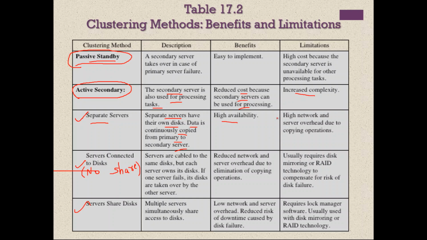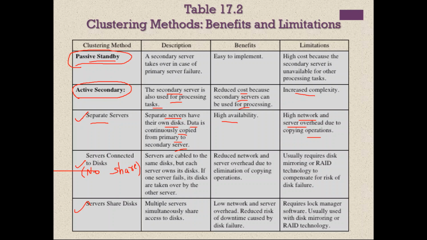The disadvantage is there is an overburden on the network and on the server, because you are always saying that the primary server should copy everything to the secondary server. So the network will always be overloaded, and the server also will be overloaded due to continuous copying operation. So this is what is called separate servers under active secondary.